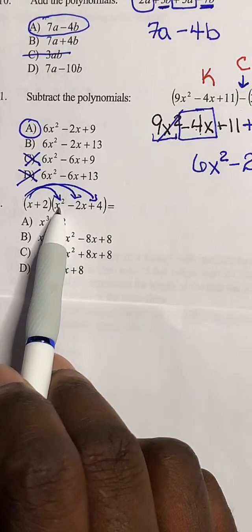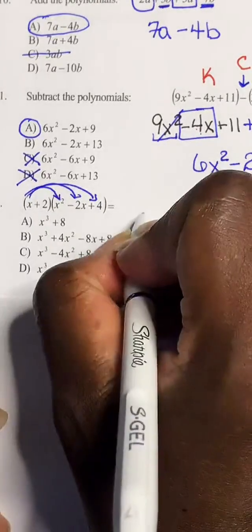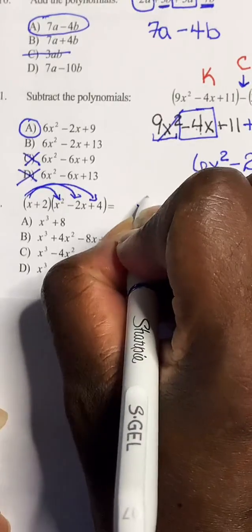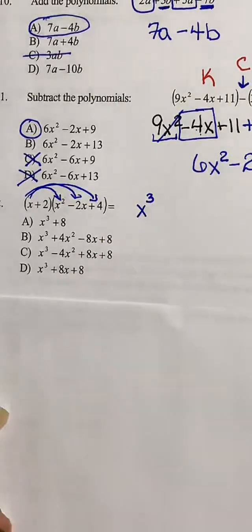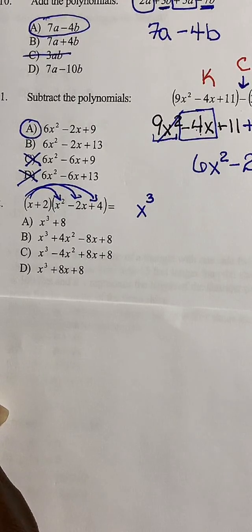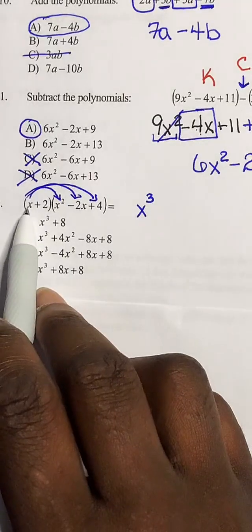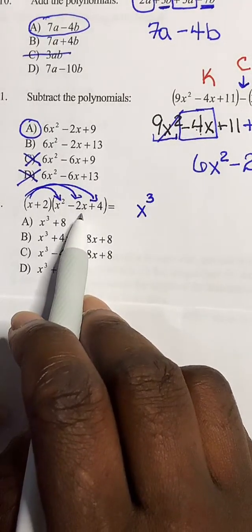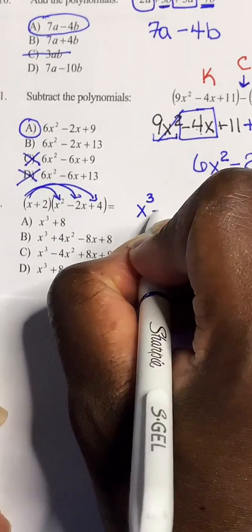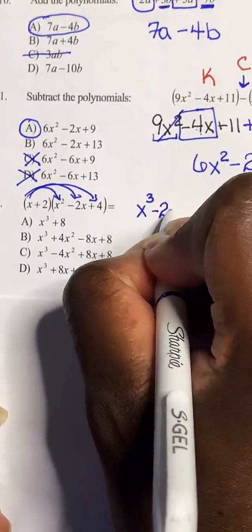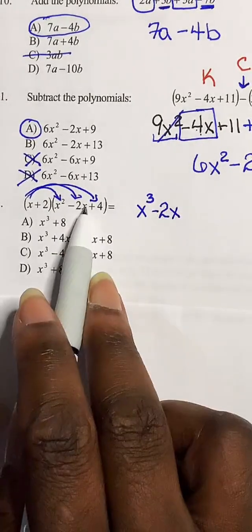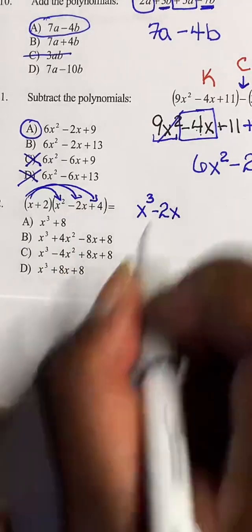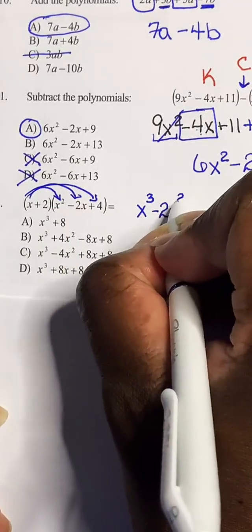So what happens, let me zoom out a little bit, is I have x times x squared. Think of it this way. There's one x here. There's two x's there. If I combine them, I would get 3 x's. That's roughly what x cubed is. Okay? When you multiply, you add the exponents.